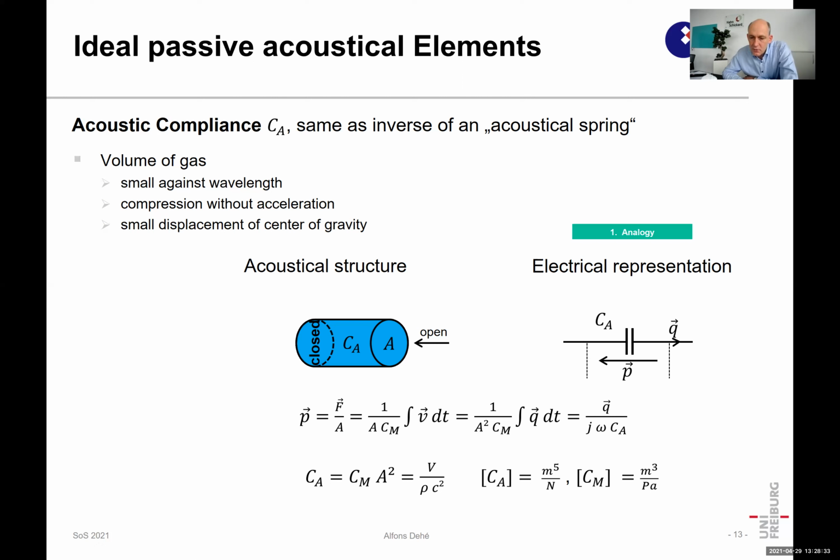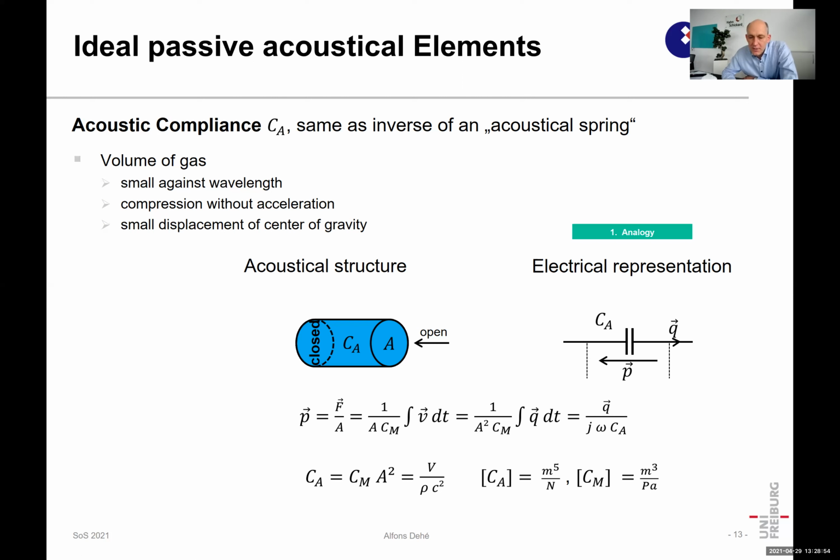And finally, we get again the formulation in the acoustical domain, flux divided by frequency, 1 over j omega times compliance. So from this formulation, you find again that the acoustical compliance is equal to the mechanical compliance times area squared.